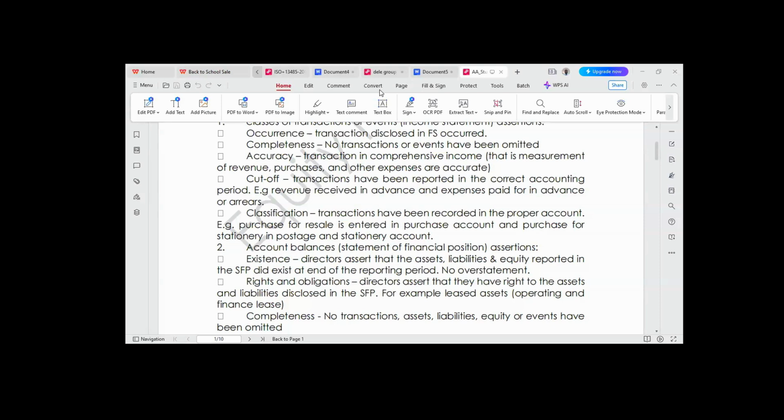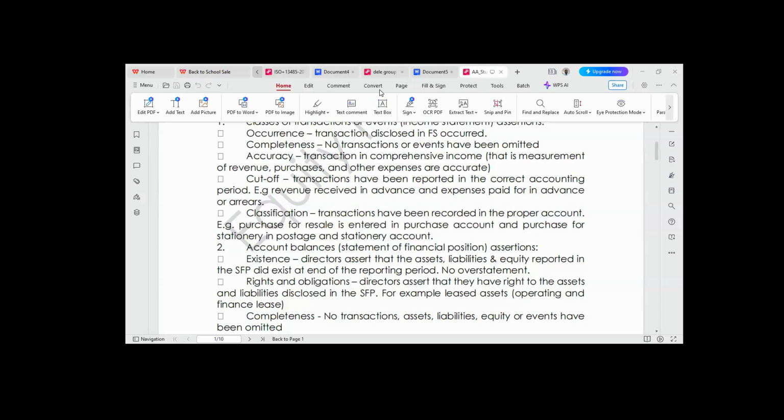Now, for obligation, which is liability, the auditor will request for what? The repayment schedule for the loan. You took a loan from BOI, Bank of Industry. The auditor requests for the repayment schedule to say that you are performing your obligation as and when due. By the time the auditor sees the offer letter for the loan and the repayment schedule, and he can see the name of the company on the offer letter, then they can establish that this loan is for this company.